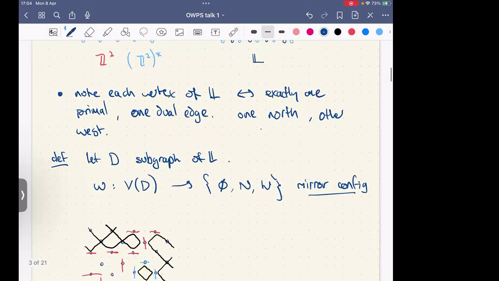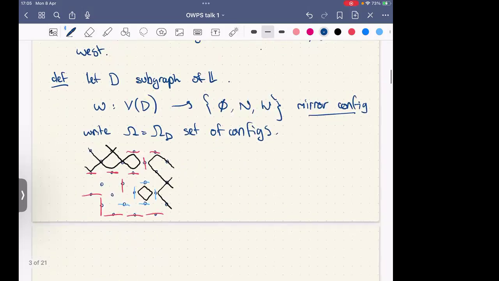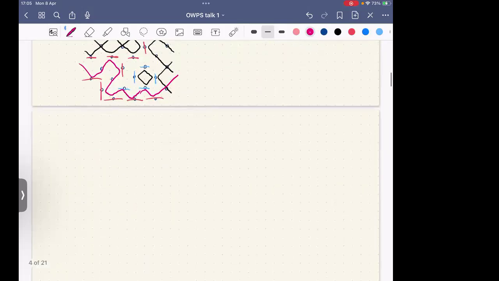Where N means we choose the north pointing edge that is associated to that vertex, W the west one. And we're going to write omega D for this set of configs. And as before, each configuration gives us a model of loops where the loops just bounce off our mirrors, etc. Please excuse the wonky drawing.